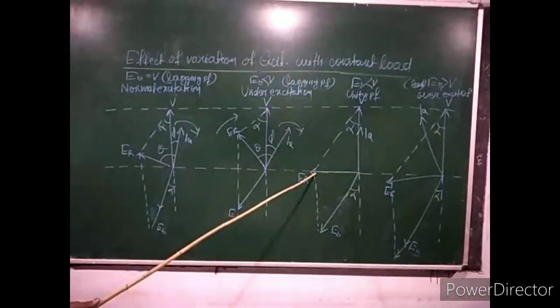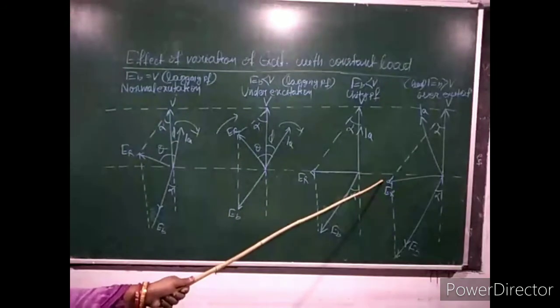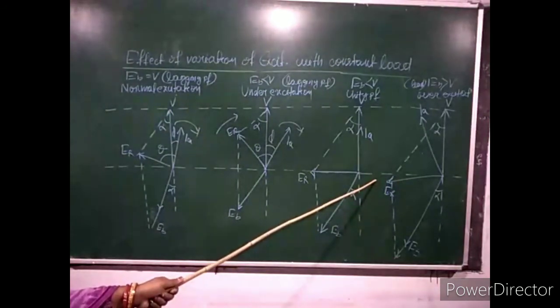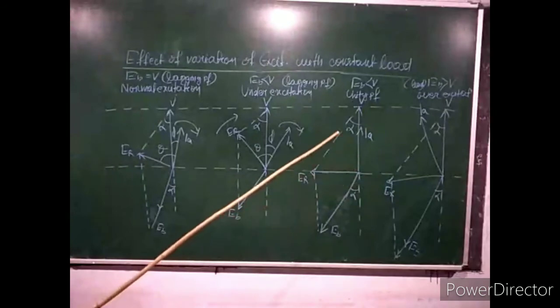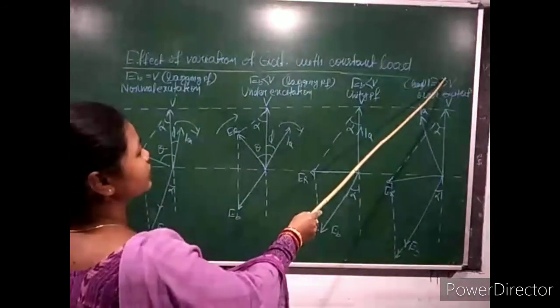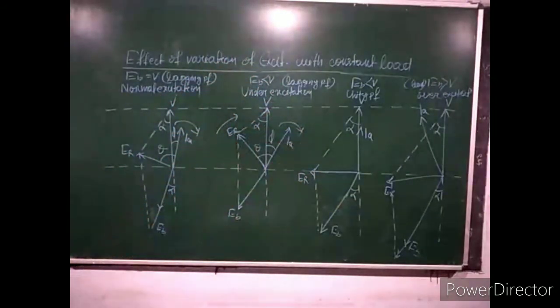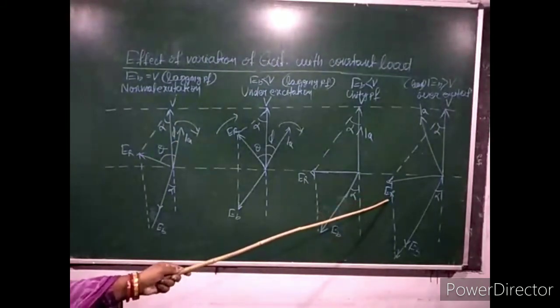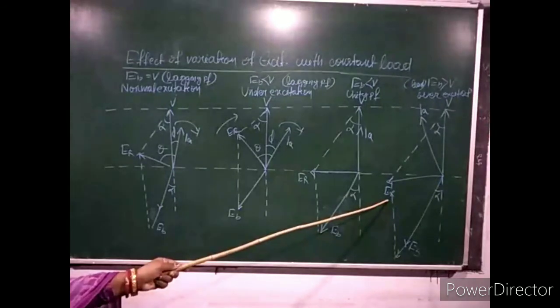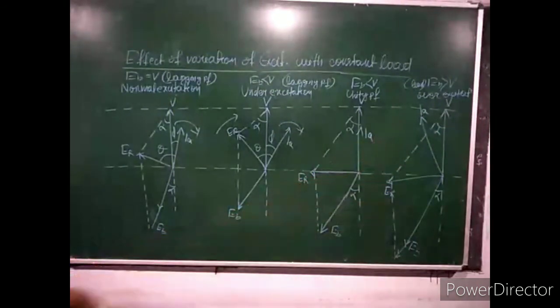Then come to the overexcitation case. The motor is said to be overexcited when the back EMF is greater than the applied voltage. Under this condition, IA leads the applied voltage V. Hence the resultant voltage ER, and therefore IA, turns anticlockwise.